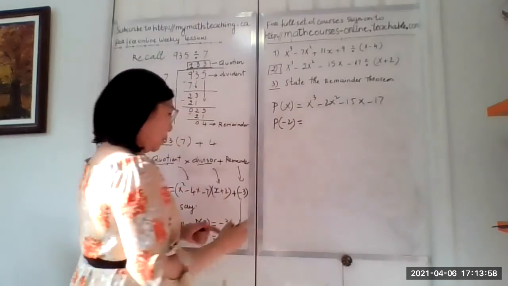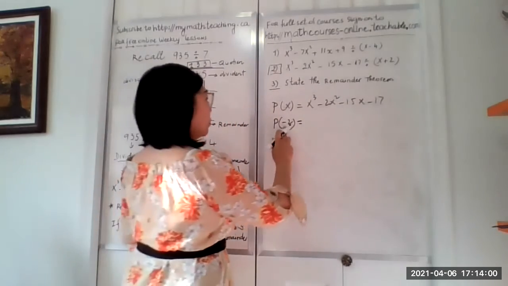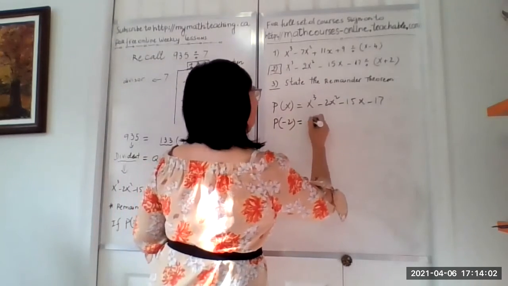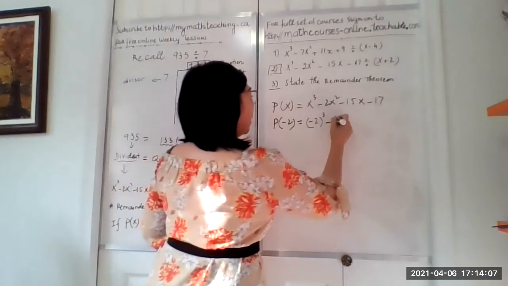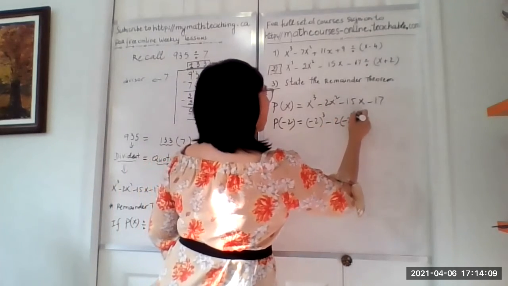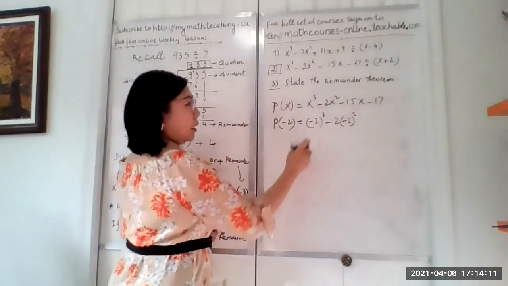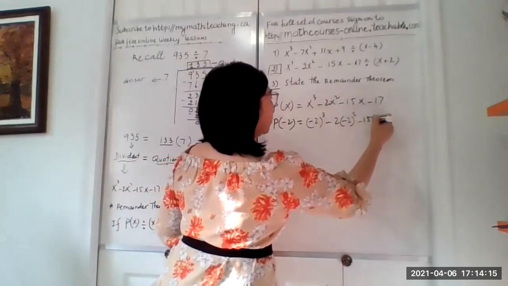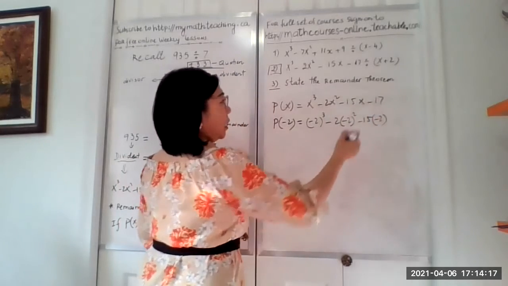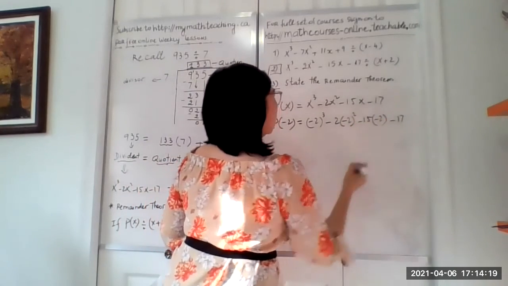That's a lot quicker than dividing. So minus 2 to the power 3, minus 2 times minus 2 squared, minus 15 times minus 2, and minus 17.